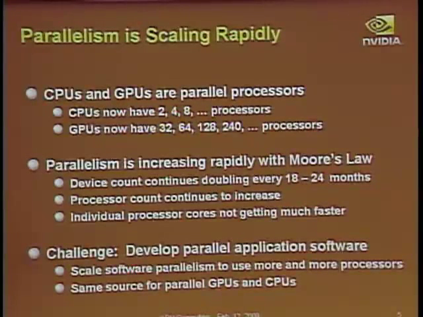And that's still happening. It may run out of gas one of these days, but we haven't gotten there yet. And because individual processor cores are not getting that much faster, it tends to mean that the number of processor cores is what's increasing. And you can see that in particular on the GPU side.